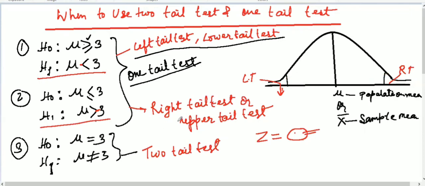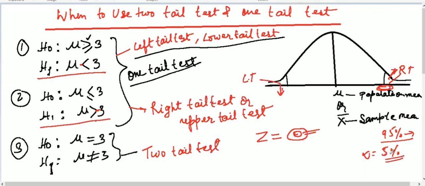And for a right tail test, your Z score will lie only in the right tail. When your Z score lies in this area, you can find it from the table. For a 95% confidence level, 100 minus 95, the alpha level is 5%.